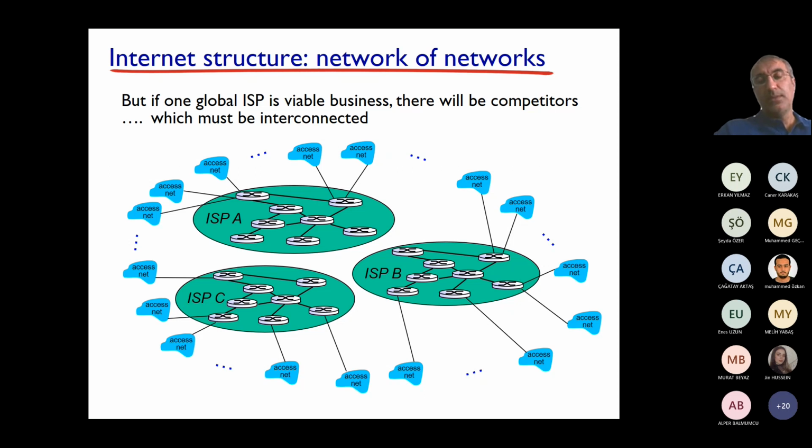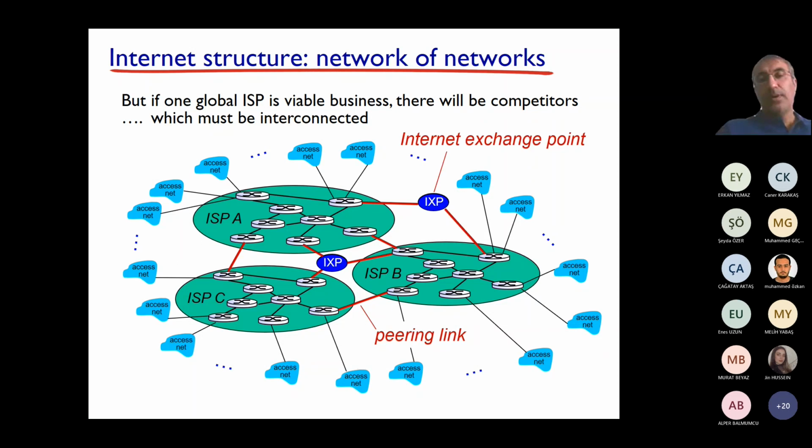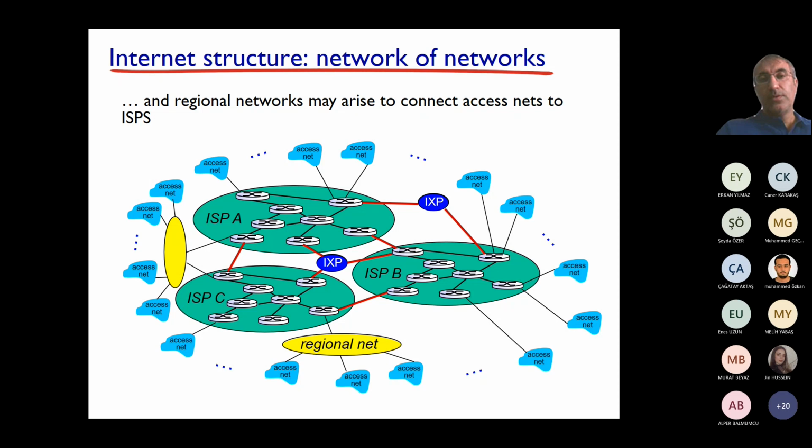Of course, they must connect to each other, through the peering link or IXP link. So that's why we come up with a structure to manage this very complex internet structure around the world.